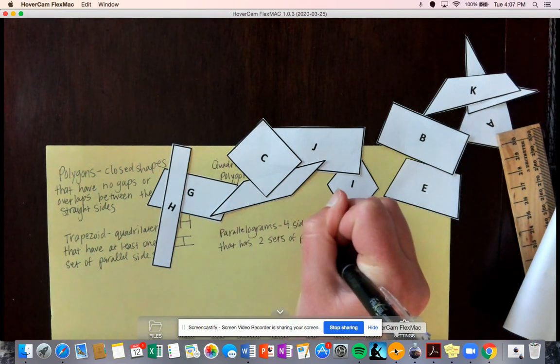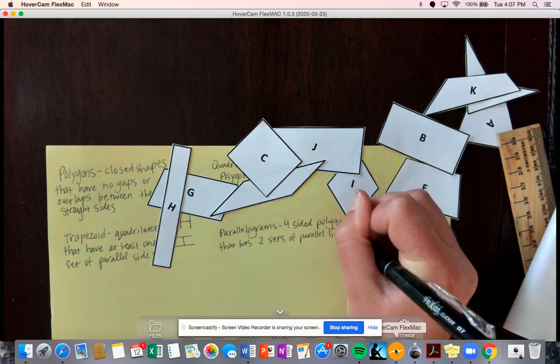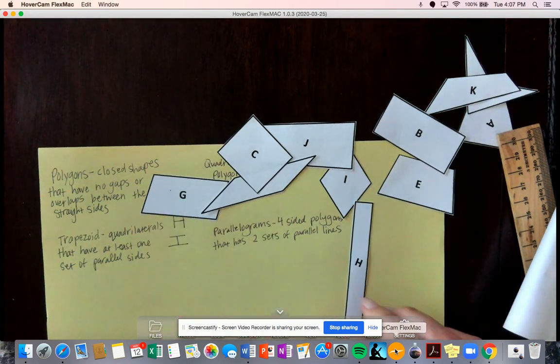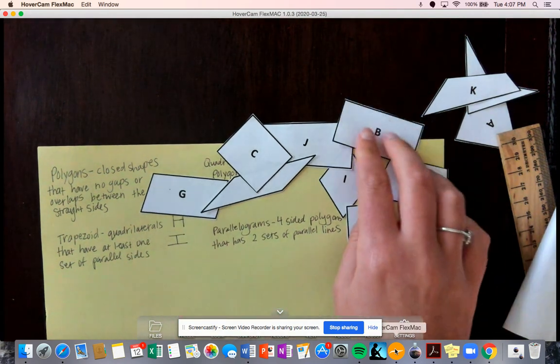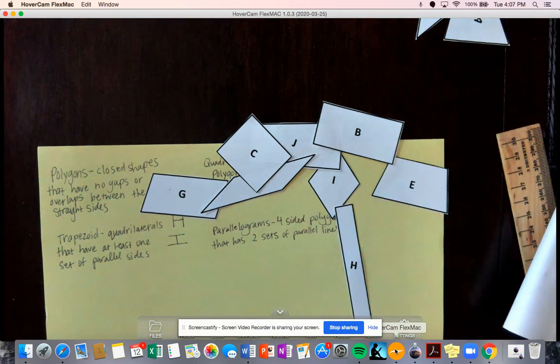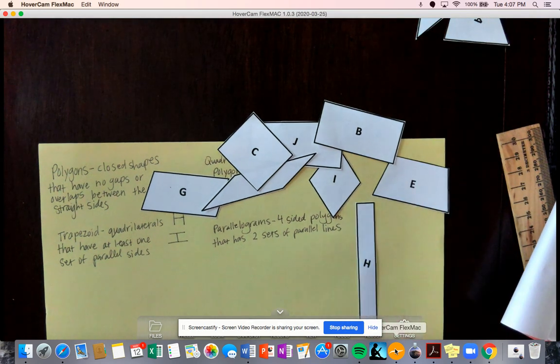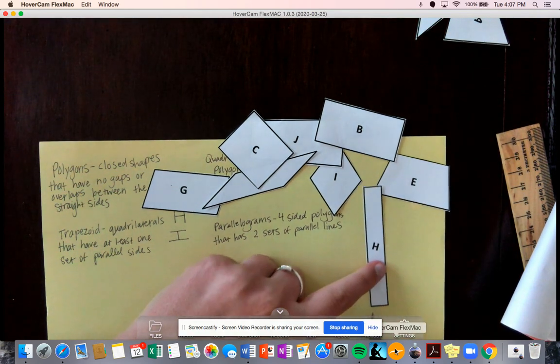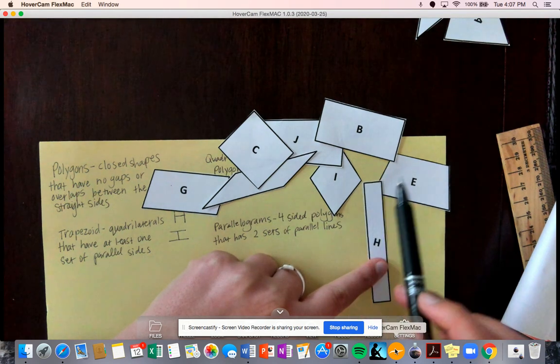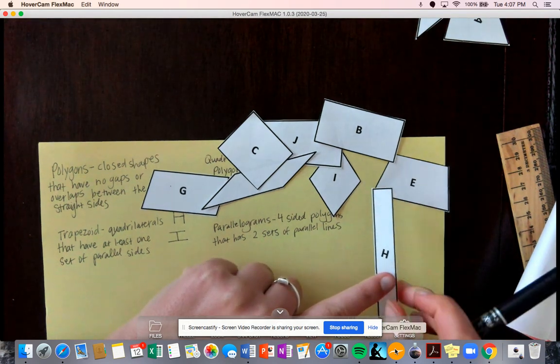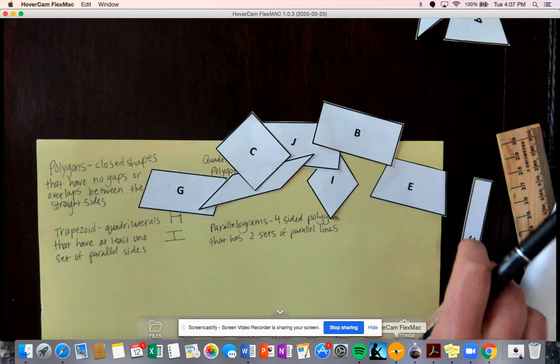So not just one set, but 2 sets. Okay, so I'm only going to look at the ones that I know had at least one set. So H has them going this way and this way. So H is a parallelogram.